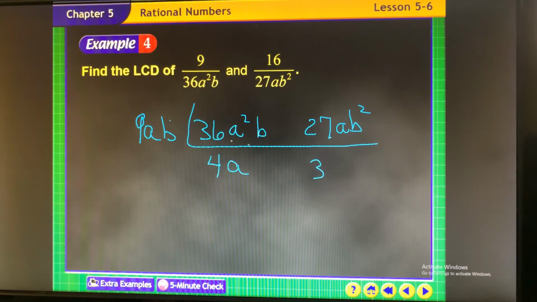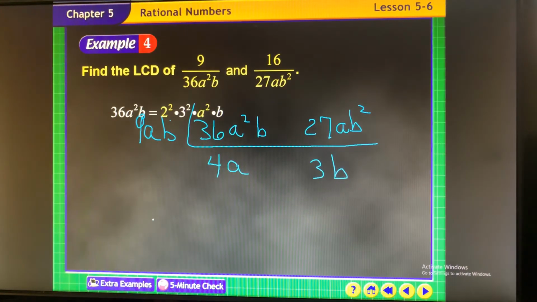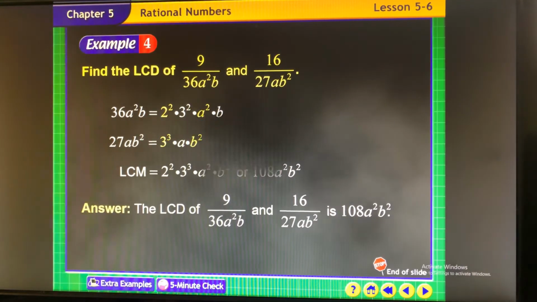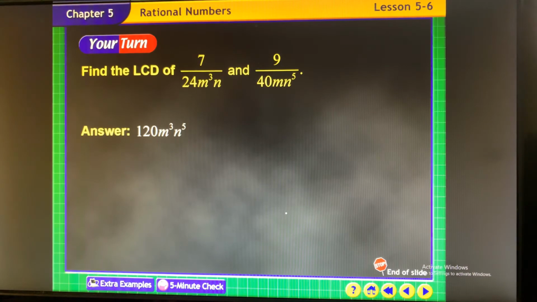Take the a away. Take one of the b's away. And do 9 times 4 is 36 times 3, and then a squared, b squared. 108 a squared b squared. Do the same process. You try to do that one. Hopefully that's what you got.